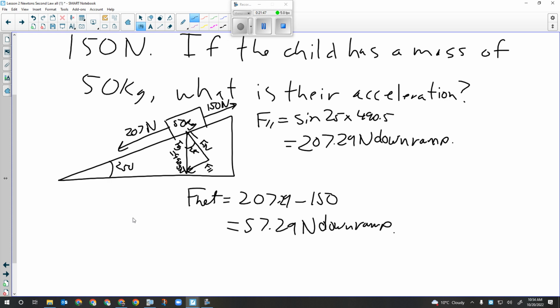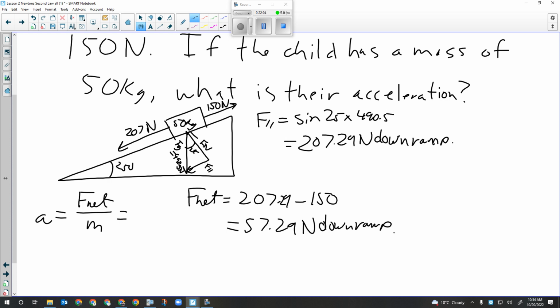Now that I've got that, can I calculate the acceleration? Yeah. Using F net divided by mass, or F net equals m times a, the two methods we use in every single Newton question.